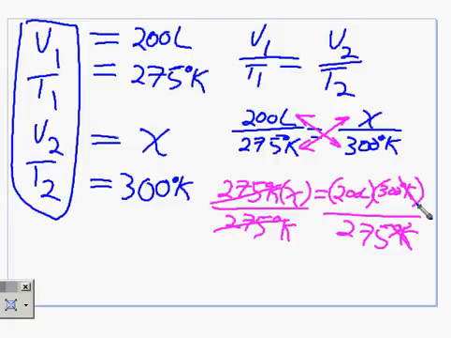And then 60,000 divided by 275 gives us an answer of X equals 218.18 what? Liters. Okay?